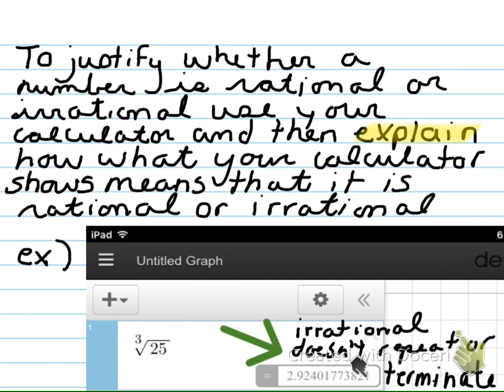So based on this, I can see that it's not ending, it's not repeating, and so it's irrational because it doesn't repeat or terminate. So I showed what my calculator had, and I explained that that means that it's an irrational number because it doesn't repeat or terminate.